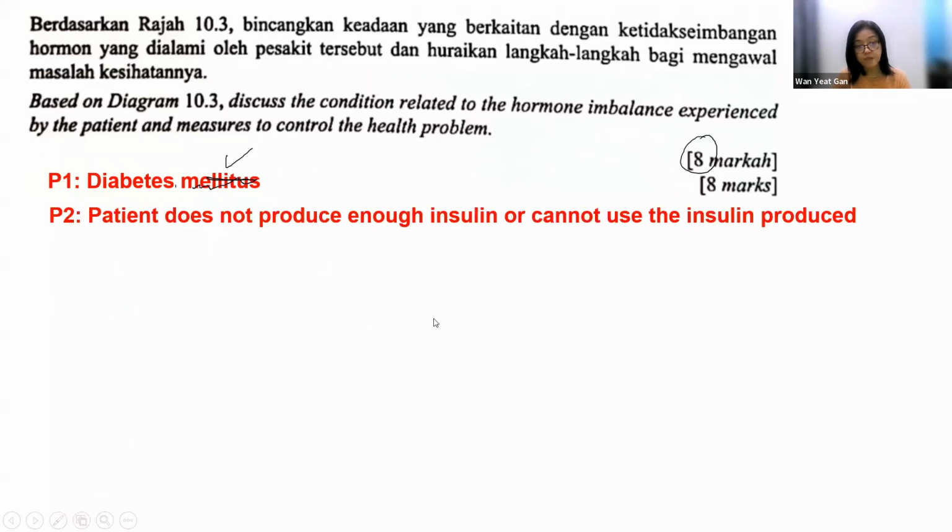Next, why does this patient suffer from this disease? It is because the patient does not produce enough insulin or cannot even use the insulin he produced. So that means he's producing it, but the cells cannot use the insulin produced by the pancreas.